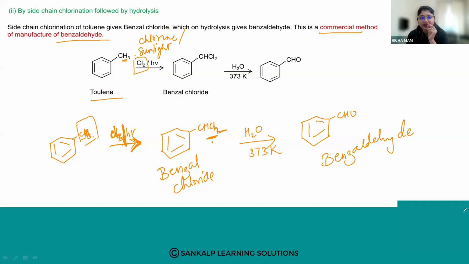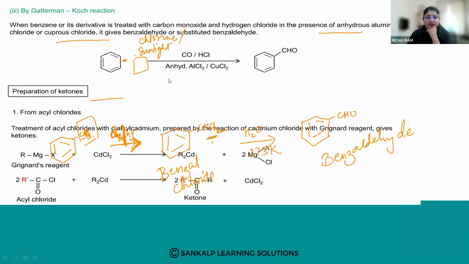And the third reaction is where we take toluene in the presence of sunlight and chlorine. We get benzal chloride, where two hydrogen atoms are replaced by two chlorine atoms, and on further hydrolysis it gives benzaldehyde. Got it? So these are the reactions wherein we are only preparing our aldehydes.